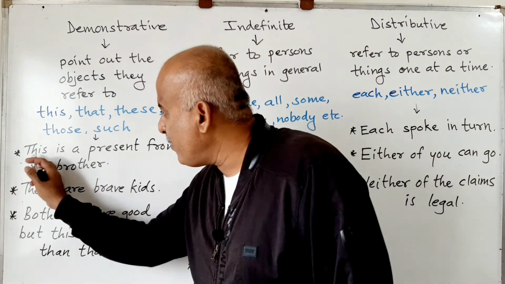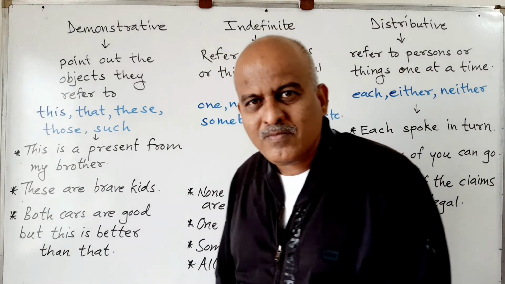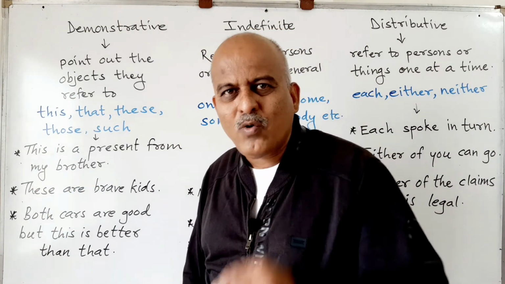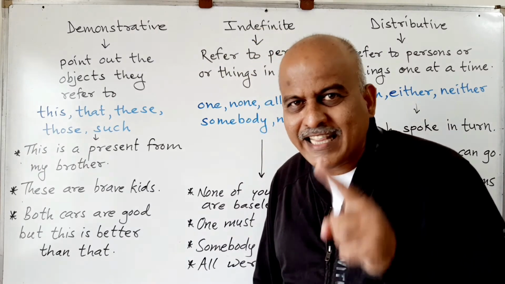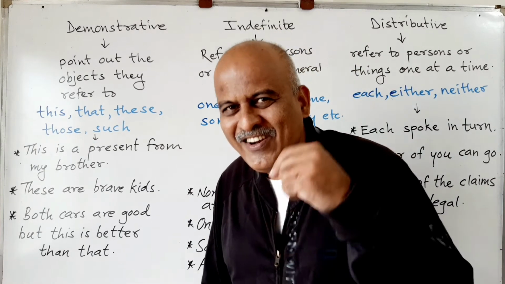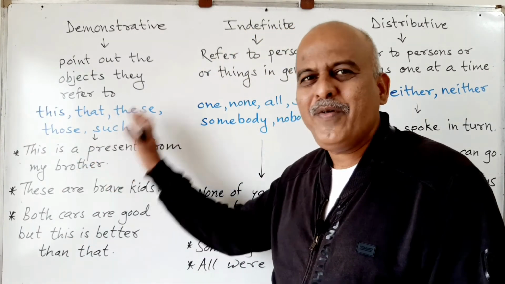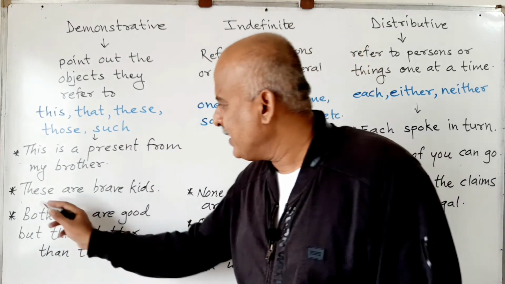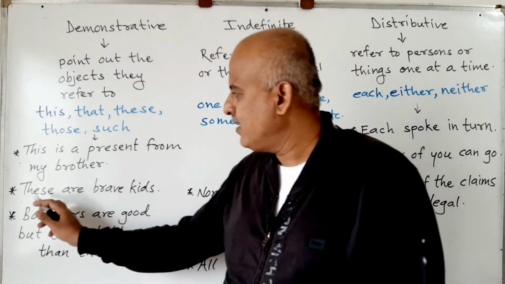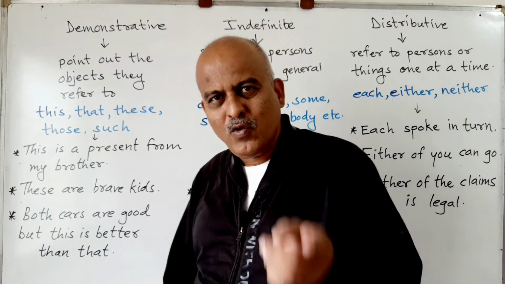If this demonstrative comes right before the noun it demonstrates, then it becomes demonstrative adjective. This is same with all the types. These are brave kids. This is demonstrative pronoun.